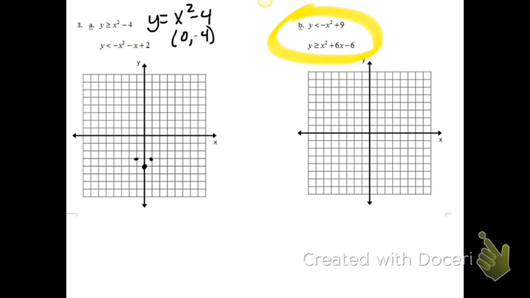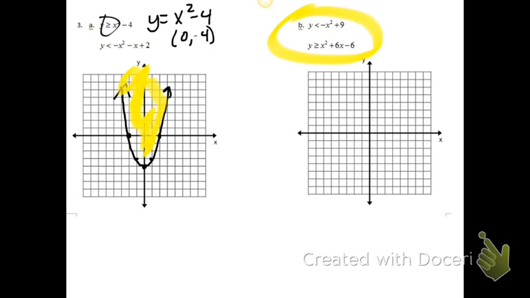And if you plug in 2 and square it, you get 4 minus 4, which is 0. And using symmetry, I get those coordinates. Now, because it's equal to, I'm going to make it solid. And now, since it's y greater than, I'm going to shade above the vertex in there.